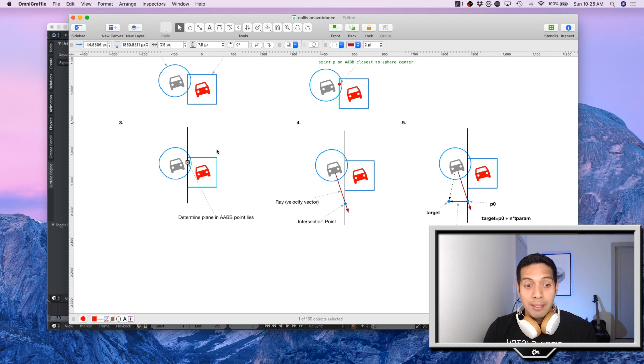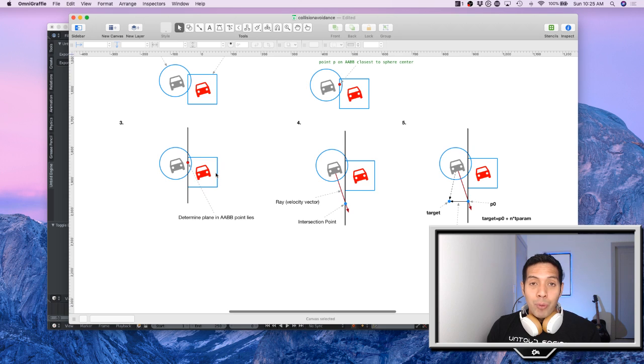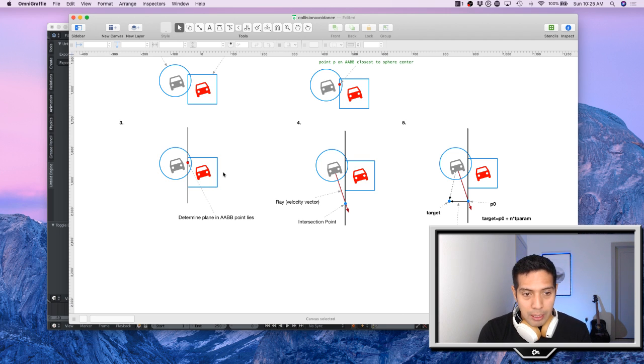Number one, this is an AABB box, so you already have the normal vectors for each of the faces, for each of the planes. This is not the other type of boundary volume, which is an OBB, which is a little bit more complex. This one is very simple. So from the start, you already know the normal vector for each plane.